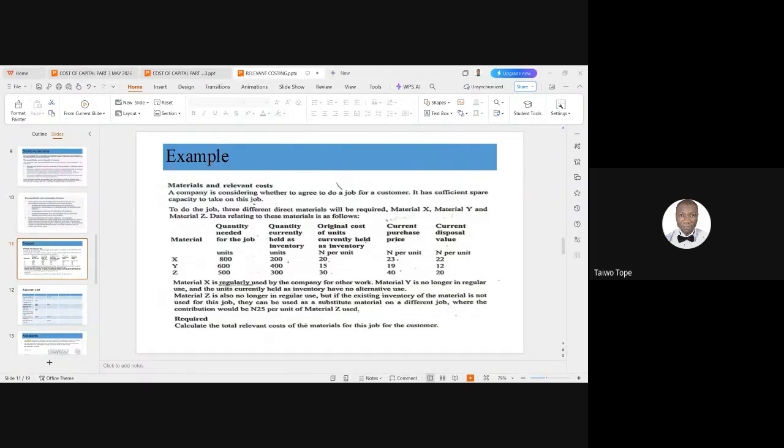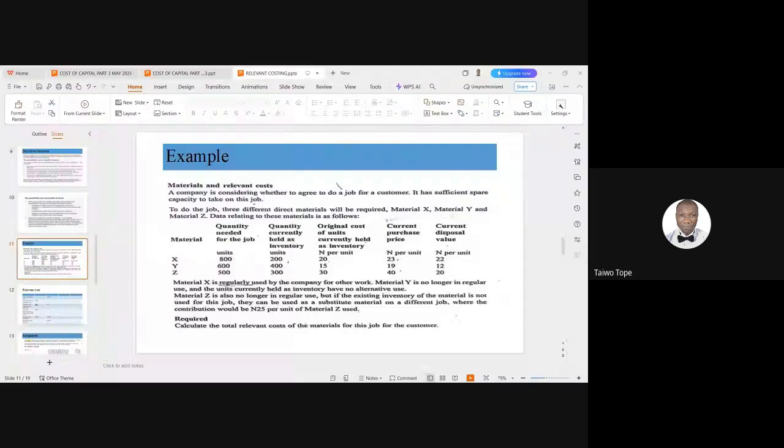Let me rephrase my statement. If you are using it for this production, what is the opportunity cost? What are you forfeiting? It means you won't sell it, isn't it? Yes, sir. It means you won't sell it.